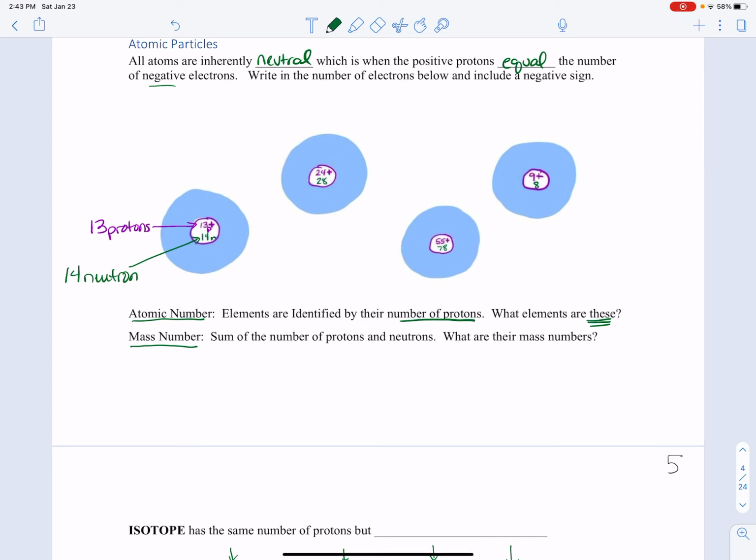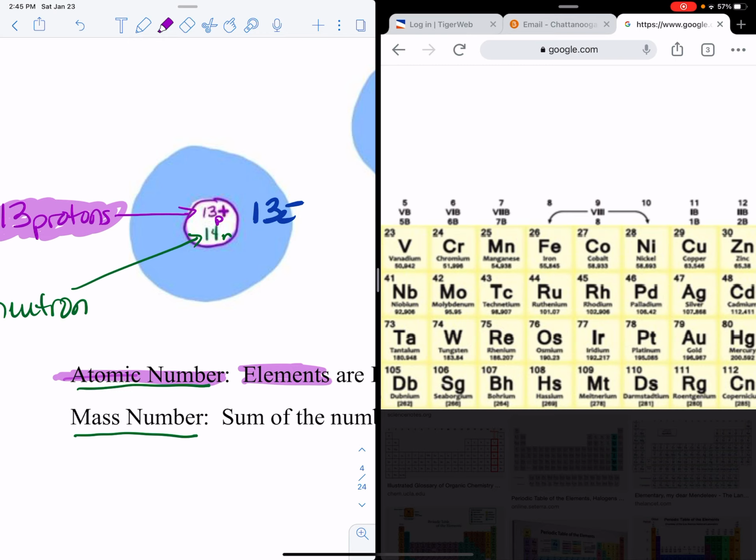If you Google periodic chart, you'll find all kinds of different things on there. But on this periodic chart, if you zoom in, there are 2 numbers. It's a little blurry, but there's a 25 that's really big for this Mn, and then there's 54.936. So there are 2 kinds of numbers on the chart: the whole number, 1, 2, 3, 4, 5, and then the numbers that have decimals.